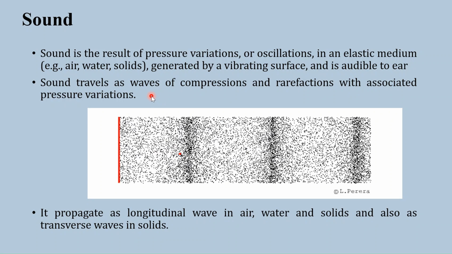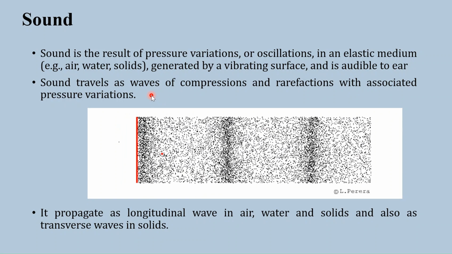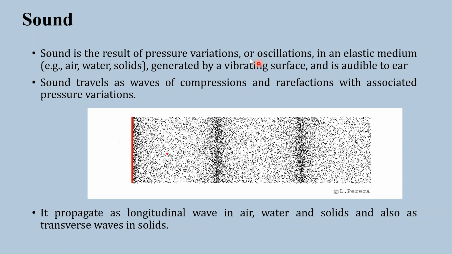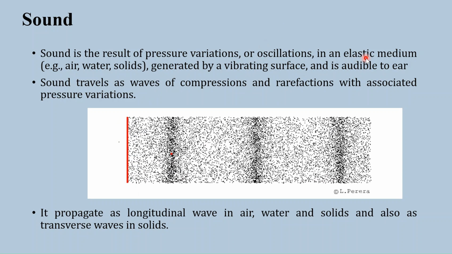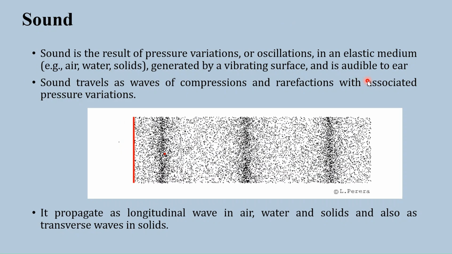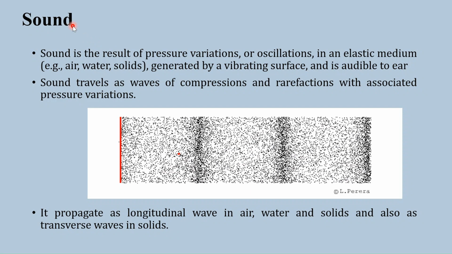Through the last two lectures of noise pollution, we have understood that the pressure variation or oscillation generated by a vibrating surface in any medium, that is air, water or solid, if audible to the ear, is referred to as sound.